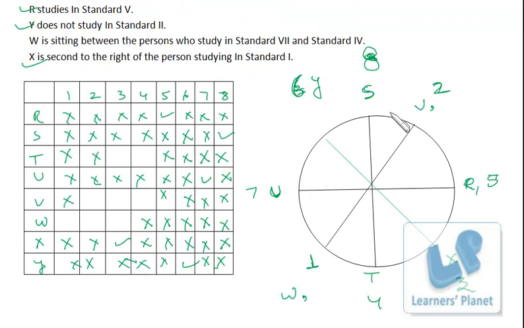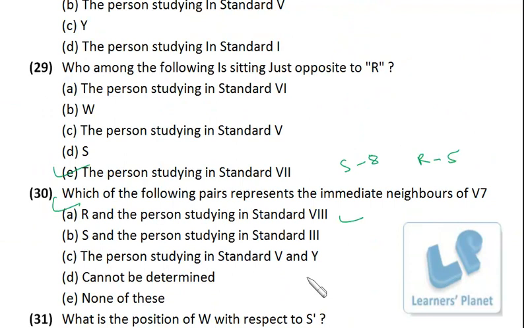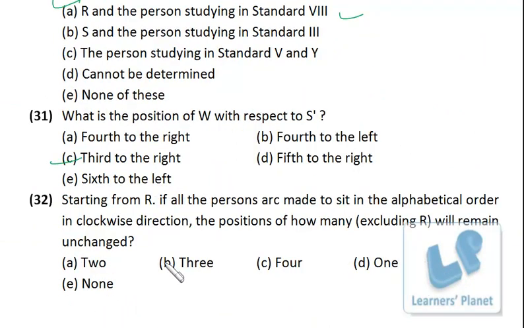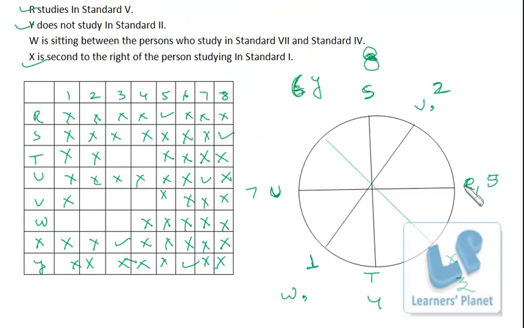See, you have to be careful since all of them are facing center. So here S is facing this side, so his right will be on this side, right? So W is 1, 2, 3, third right of S. Okay. Starting from R, if all the persons are made to sit in alphabetical order in clockwise direction, the position of how many will remain unchanged? Okay, so start from R and clockwise direction, that means this direction.